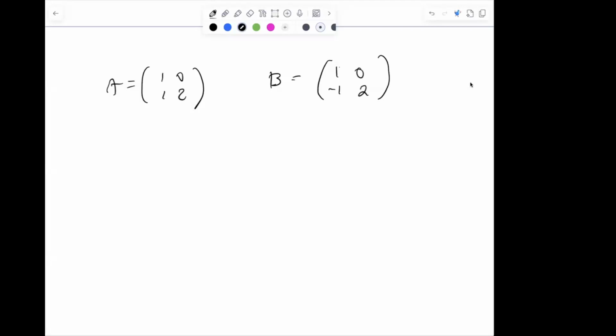These are the two columns. So what I do is I multiply a row of A with a column of B. Let's look at the first row. It's 1, 0. And I want to multiply it with the column of B, which is 1, minus 1.